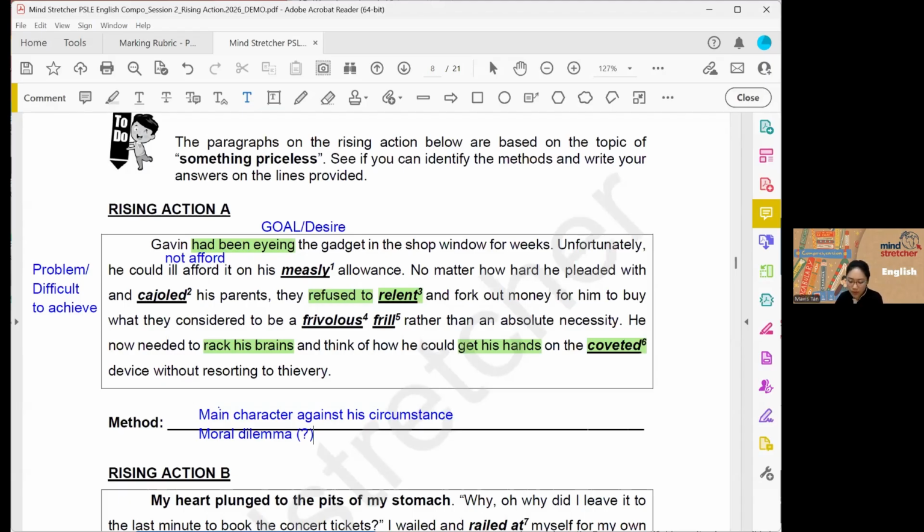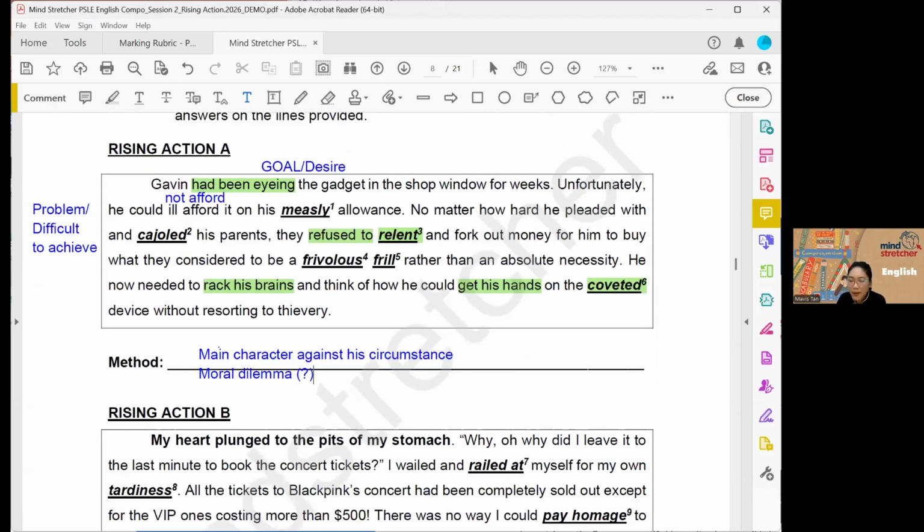I want to do it the proper way, so I'm going to save. Okay, so maybe a moral dilemma, but it's maybe a one-liner. Yeah, just this part. But he says he does not want to resort to thievery. He does not want it. He's quite clear. So maybe there's not so much of a dilemma. But in a real story, if you want to introduce something like that a little bit, it's okay. All right. What about the next one?